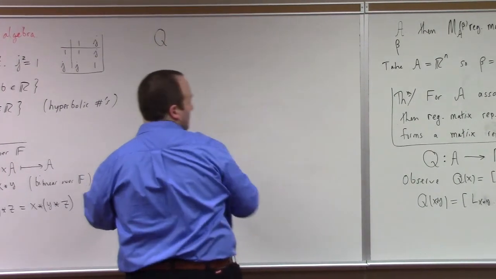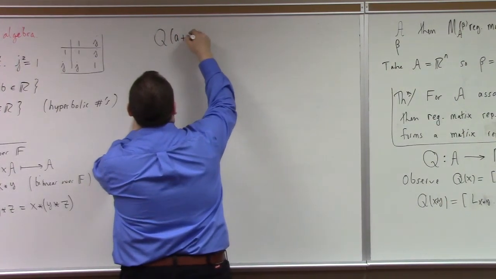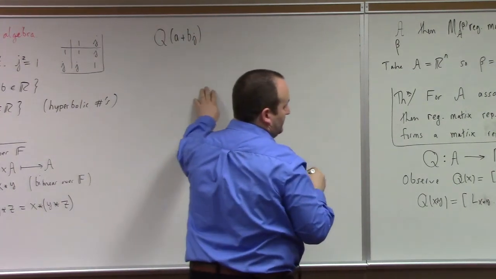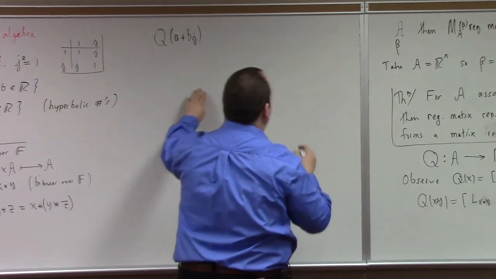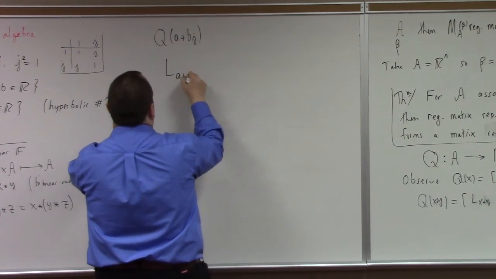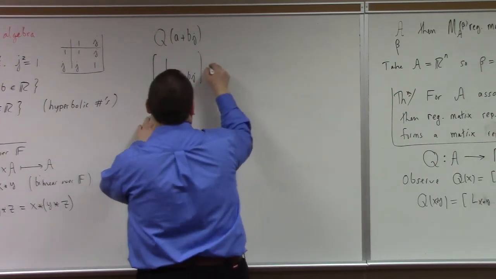So in our current notation, what's Q of A plus BJ? I mean, we need to figure out what's the matrix of L of A plus BJ, right? So what would this be?